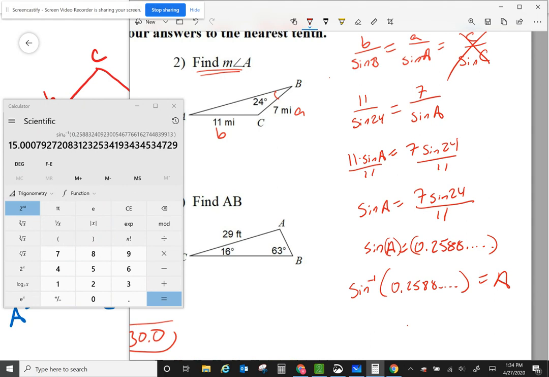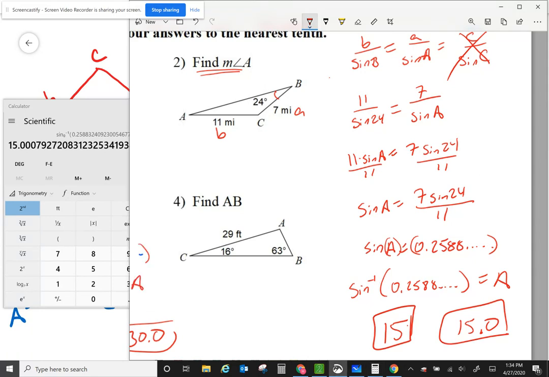Remember, rounded to the nearest tenth, so 1 decimal place. In my case, you can see I have 15 or 15.0. Once again, when my number after the decimal is a 0, it's optional if you type it or not. If it's not a 0, no choice.